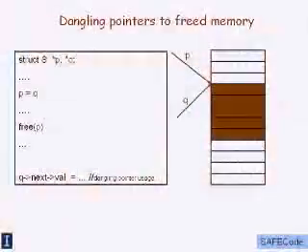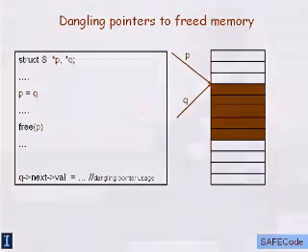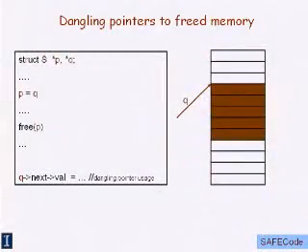And here is an example. We have two pointers P and Q, which become aliased at this point. So your memory could look something like this. P and Q point to the same memory location, right? And you have freed P, so Q becomes dangling, and there is a dangling pointer usage here.